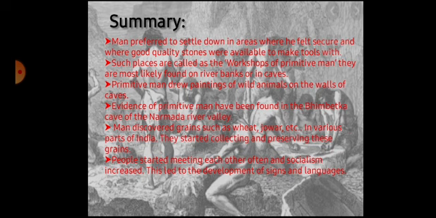They are most likely found on river banks or in caves. Primitive man drew paintings of wild animals on the walls of caves. Evidences of primitive man have been found in the Bhimbetka cave of the Narmada River Valley.